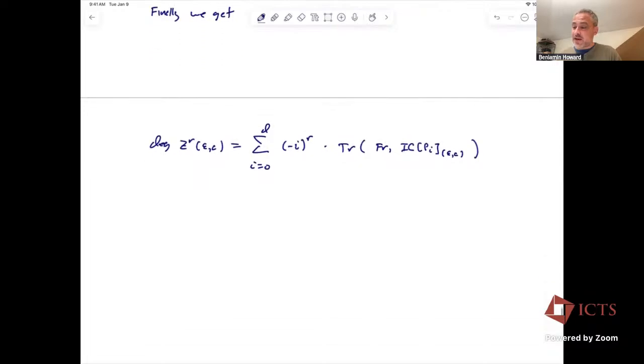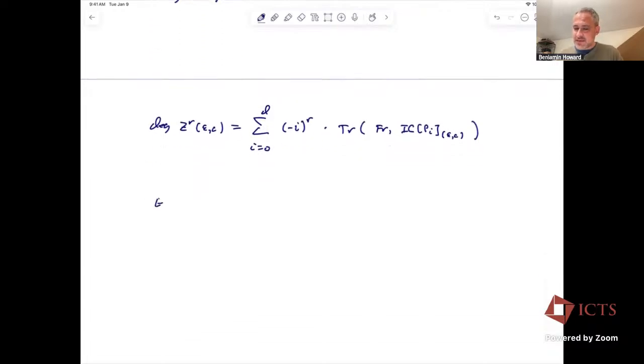On the other hand, the coefficient of the Eisenstein series is given by this density polynomial.